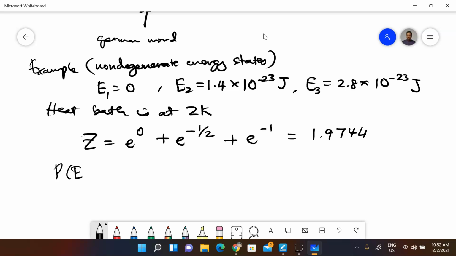So the probability of each energy state can now be calculated as the exponential of E1 over the Z given here. So this will be 0.506. P of E2 is 0.307.